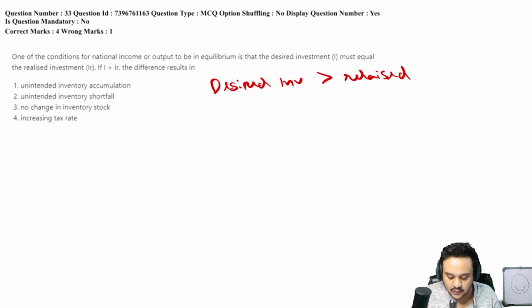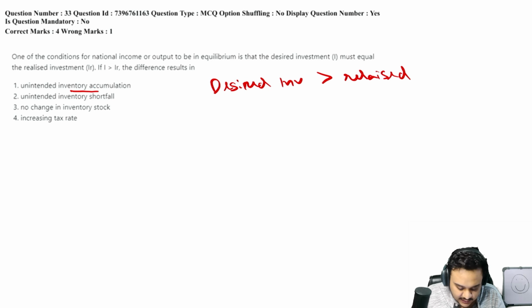First of all, you should study this under the Keynesian investment. It is also mentioned in the syllabus. Otherwise, this question is very easy. You can solve it even if you have not read up on it. Just look at the options. If your desired investment, how much you wanted to be invested, is greater than what was actually invested, what will happen?